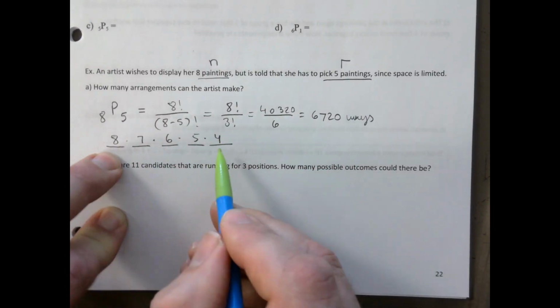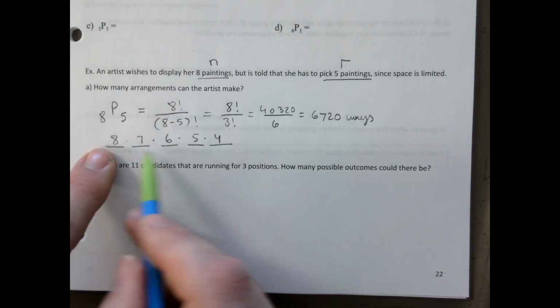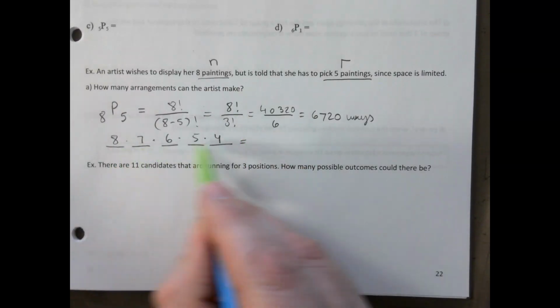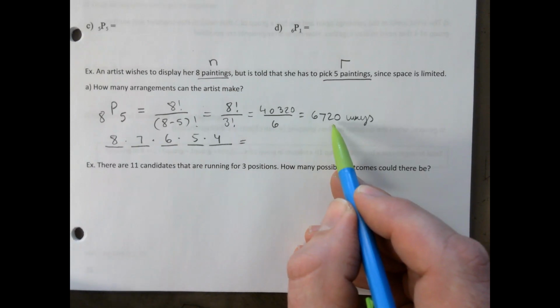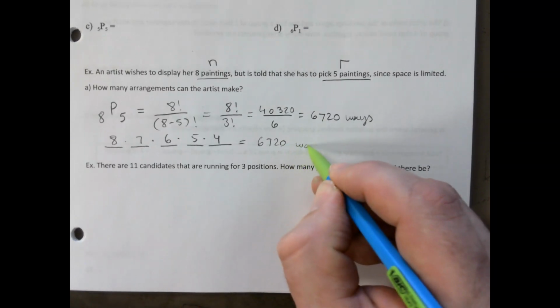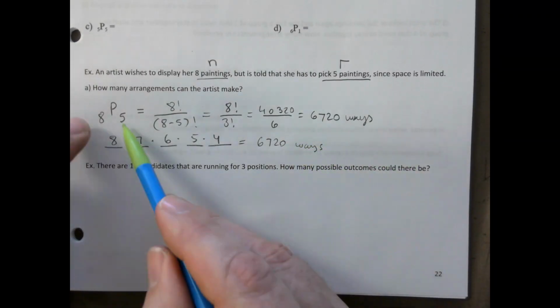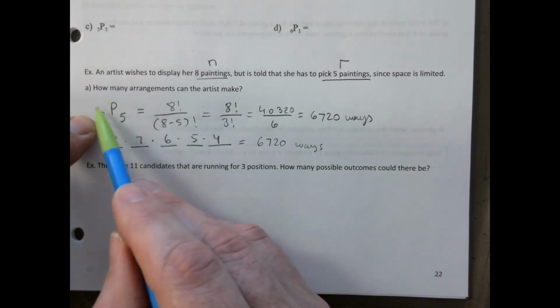We can't have repetition because you're only picking from the paintings you have, so it drops like this. It gives you the same answer. So this is going to save us a lot of time. Instead of doing this, you can just type this into your calculator.